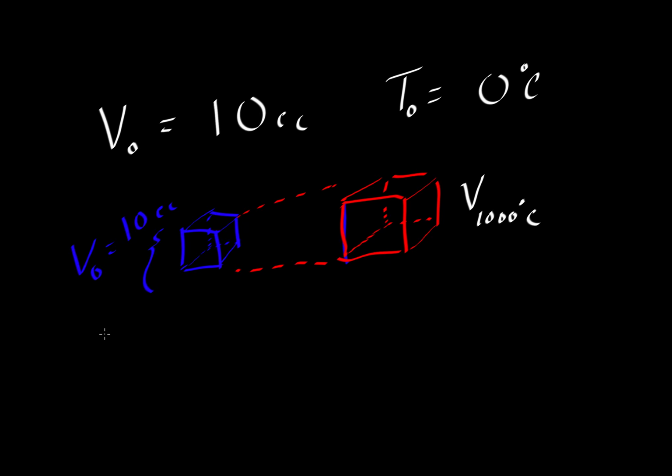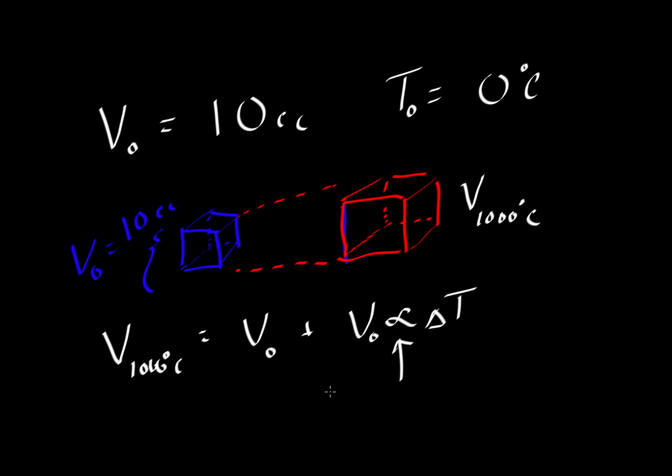And the equation that Charles developed is this: the volume at 1,000 degrees centigrade is going to be equal to the initial volume plus a correction. And the correction is that initial volume multiplied by this coefficient of thermal expansion, so that's alpha here, multiplied by the change in temperature. So alpha is the coefficient of thermal expansion.